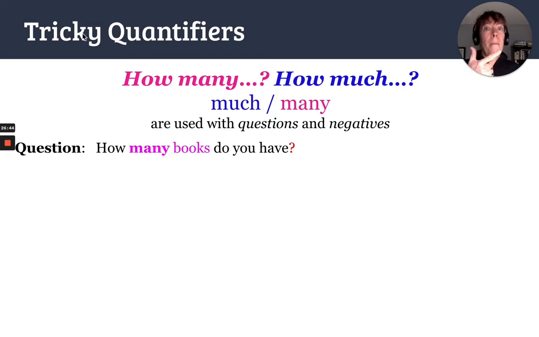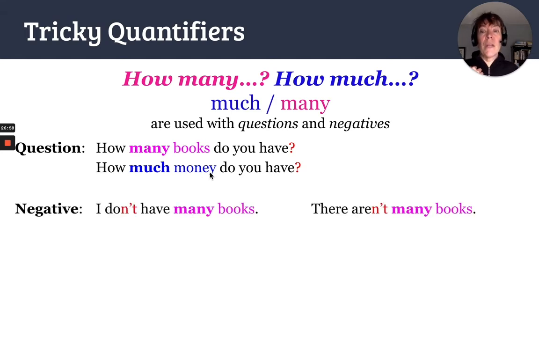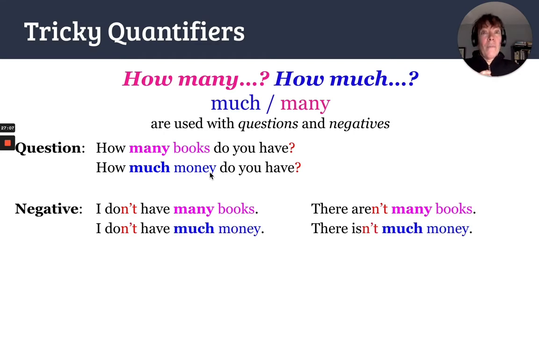That's good because books is countable and this is a question. How much money do you have? Again, a question. Much goes with the uncountable. Here's the negative. I don't have many books. There aren't many books. Good. I don't have much money. There isn't much money. Good.